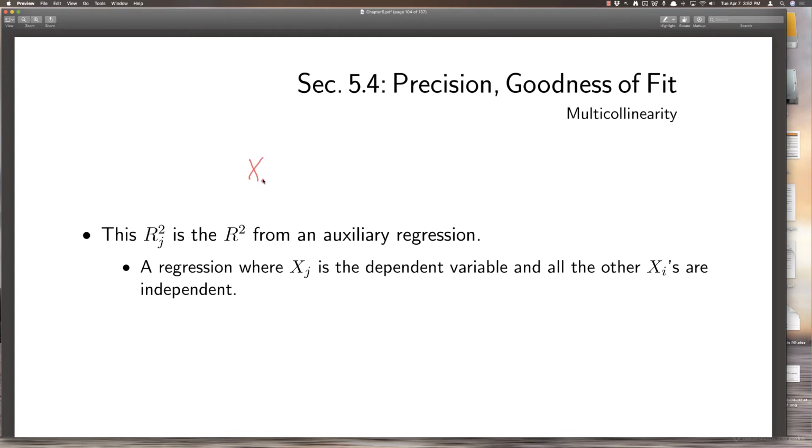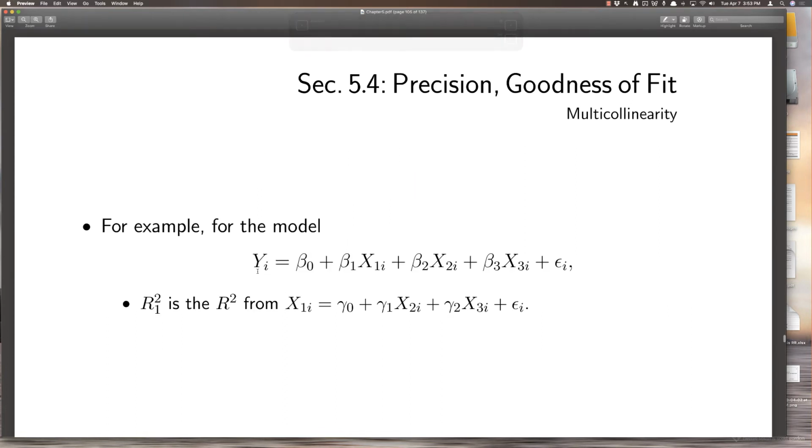So x1i is going to be on that side, right? And then all the other x's in the model will be on the other side. So here is the main regression that I want to talk about.